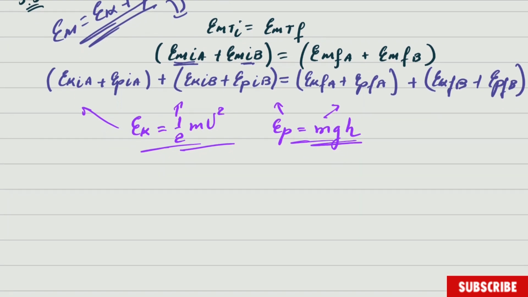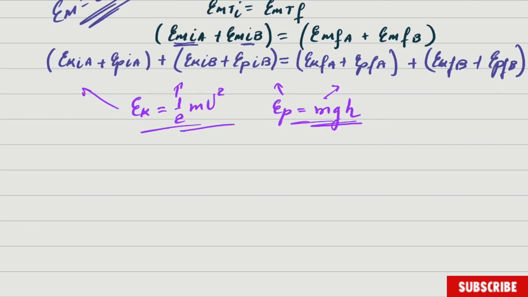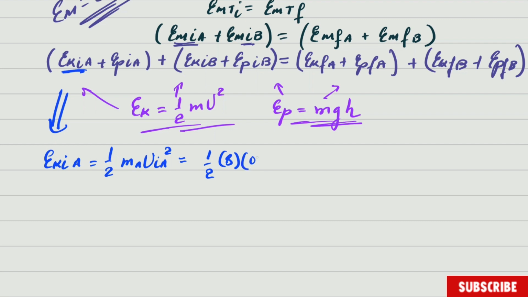So let's start from the left, and let's say kinetic energy initial A is equal to half mass A initial speed A squared. We are calculating that one there, and we are going to repeat for every one of them. When you substitute, you get half, the mass of A is 8, and the initial speed of A is 0.